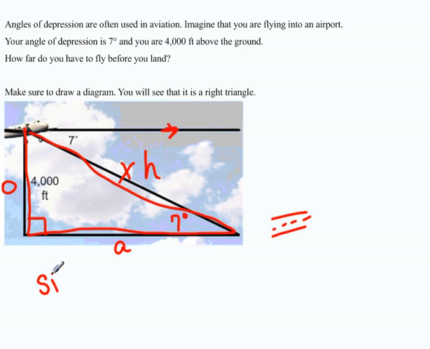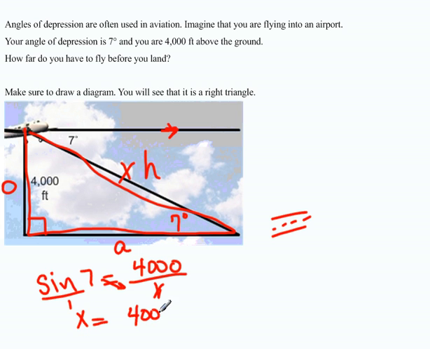So that is the sine of 7 degrees equals the opposite, 4,000, divided by the hypotenuse, which is x. Now, we can solve this ratio, understanding everything's over 1, and remember that as we're solving ratios, we can cross multiply or we can switch. So therefore, x is equal to 4,000 divided by the sine of 7.